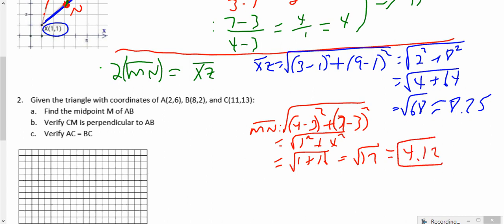Now, is it half of the other? It's very close, but it's not exactly half, and that's because of our rounding.